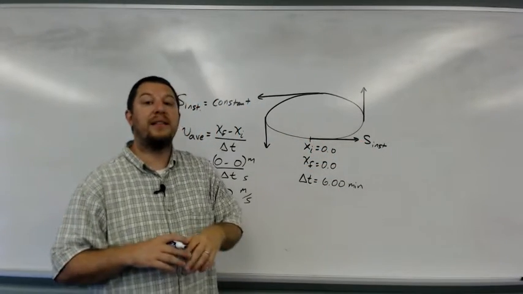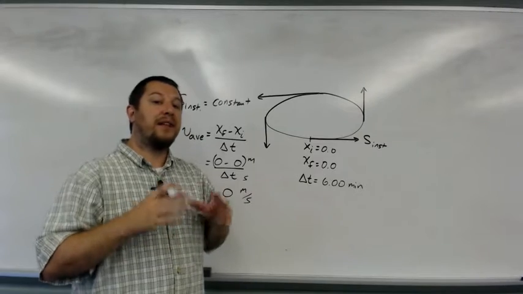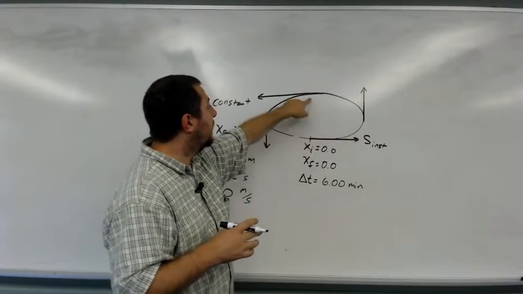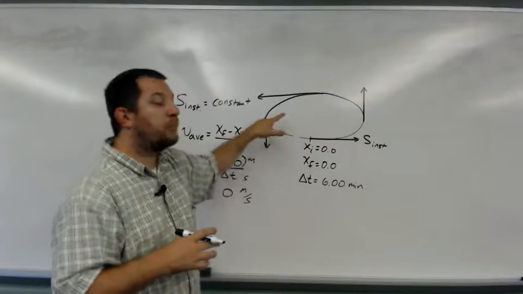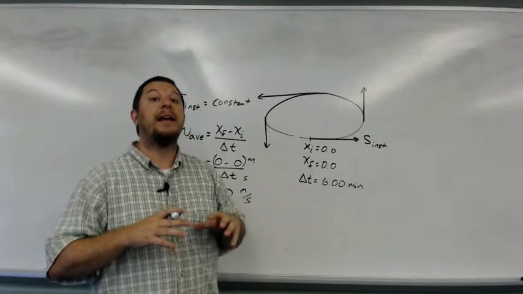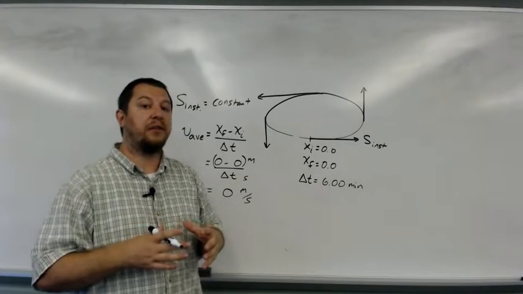So when I look at the instantaneous velocity vectors, these arrows around the track, I see that I have arrows that are pointing in exactly opposite directions on opposite sides of the track, and those arrows cancel each other out.